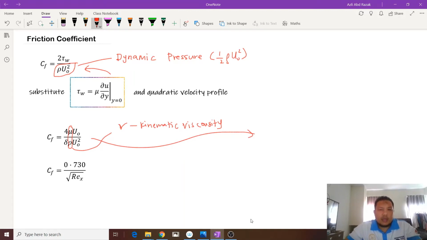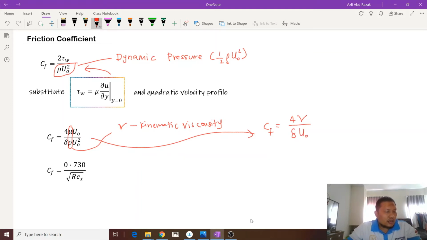I revise these equations, and it becomes the new one, the coefficient of friction now equal to 4 nu, sorry, this is not mu, this is nu, and then divided by delta u naught.